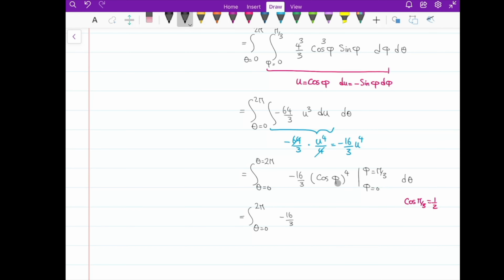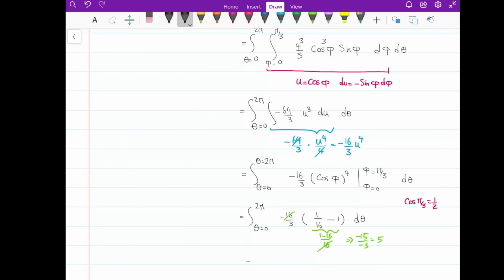And so I have 1/2 to the power of 4, which is 1 over 16, minus cosine of 0, which is 1, and then d theta. If I want to simplify this, I get 1 minus 16 over 16. These two would cancel, so I get negative 15 over negative 3, which would be 5.